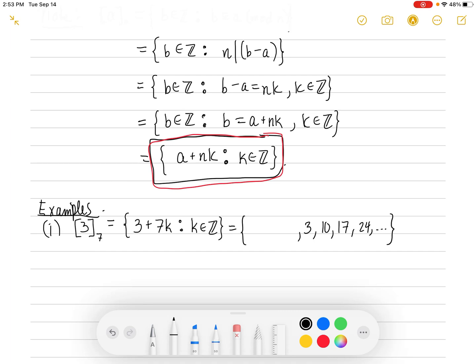Now we could also do negative ones for k. k could be negative 1, you get negative 4, and negative 2 would give you negative 11. What would negative 3 for k give you? I believe negative 18. And so on and so forth.